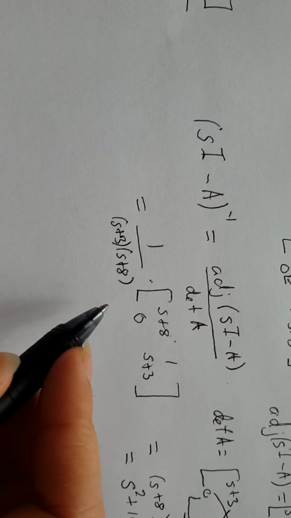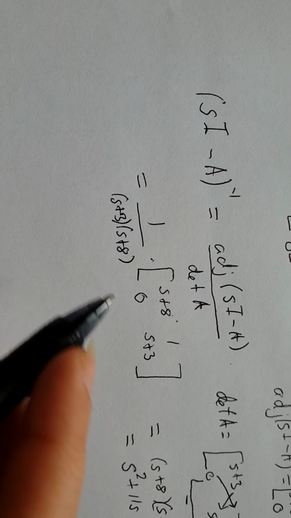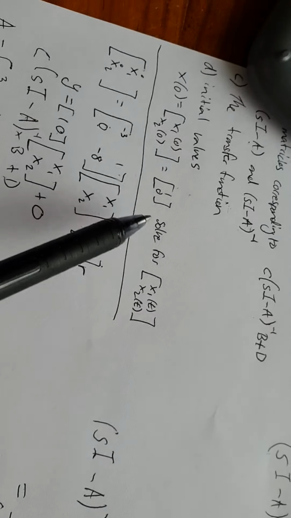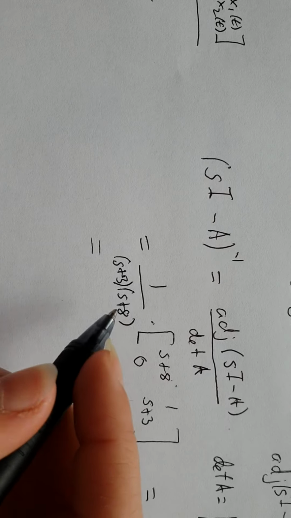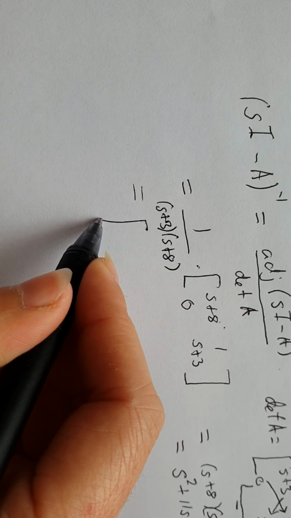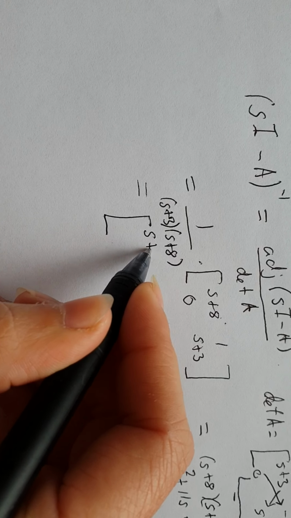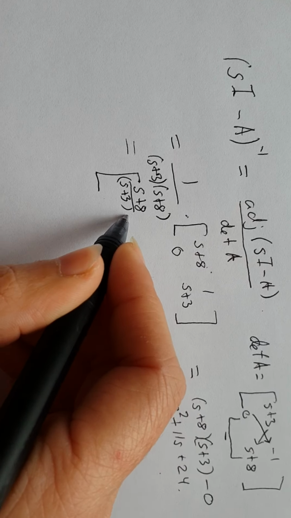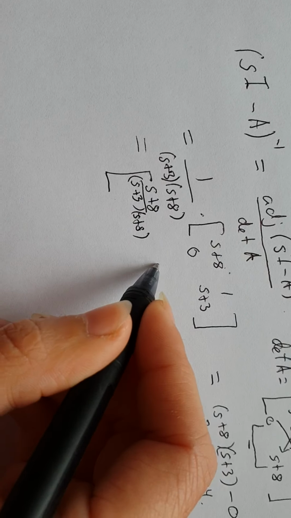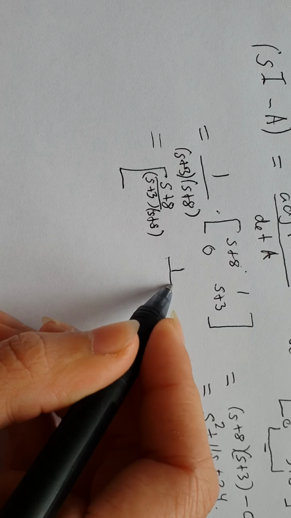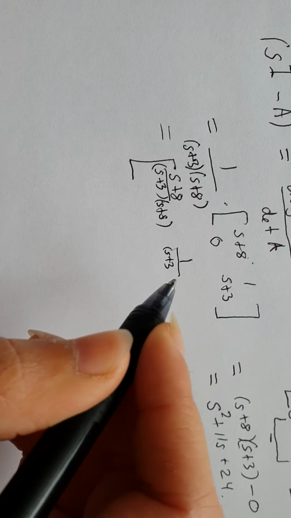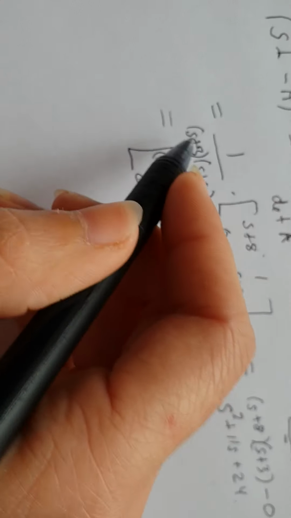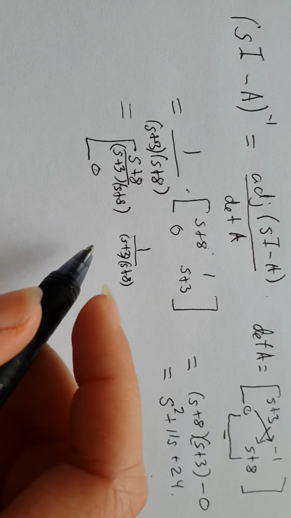Okay, so we could stop here, but I'm going to go and solve it just so we have it ready for our last step here. So we have it divided, so it's S plus 8 over S plus 3, S plus 8, 1 over S plus 3, S plus 8, 0 divided by this, but we can just leave that because we know it's going to be 0.